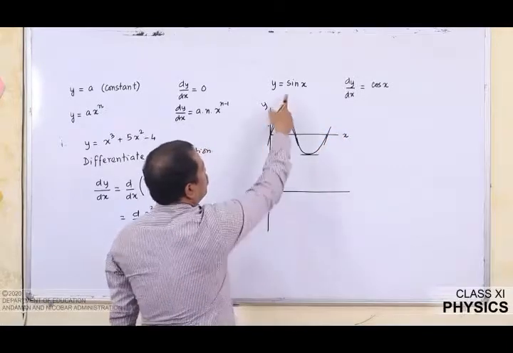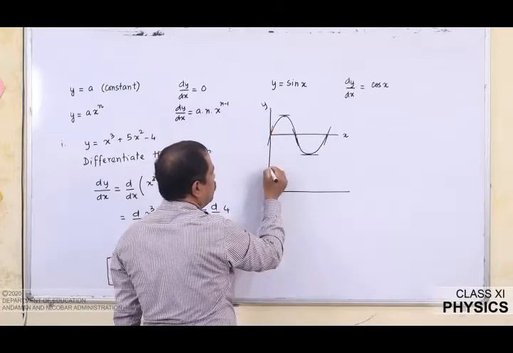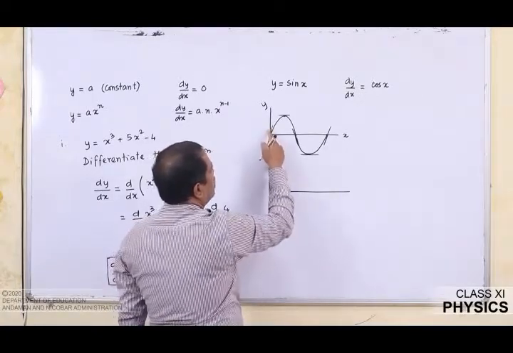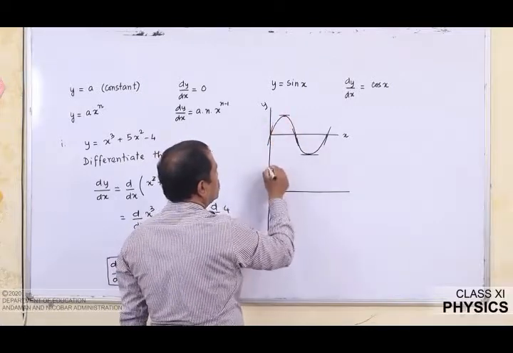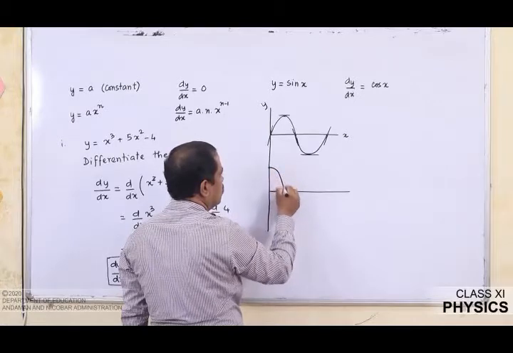So for the slope of the sine curve, here the slope is maximum. So if I try to plot the slope, slope is maximum, and slope gradually decreases, and here the slope becomes 0.